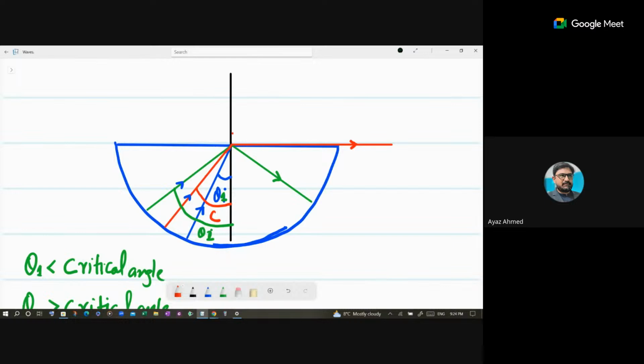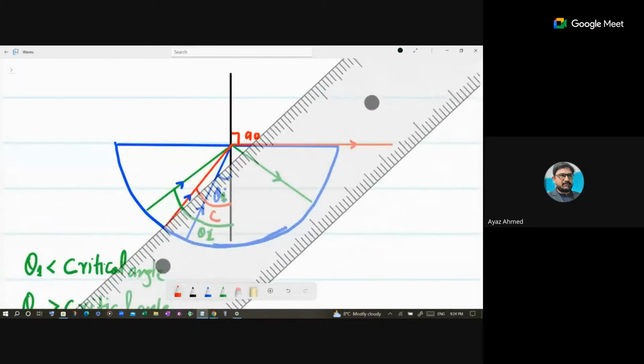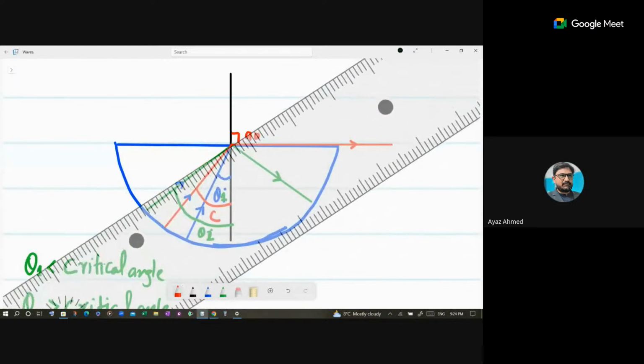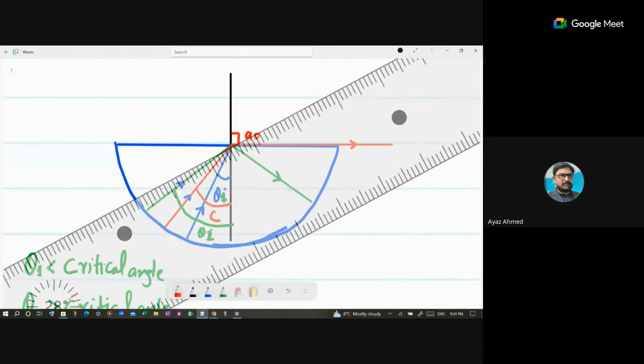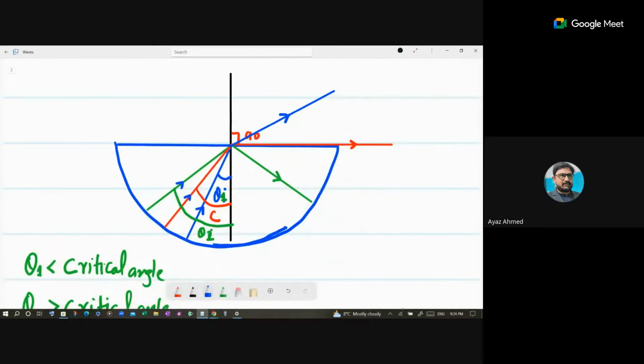So this is your critical angle, so it would go in this way. And what about this blue one? The blue one will perform refraction, normally. Refraction means this way. Got it? So this would be refracted.